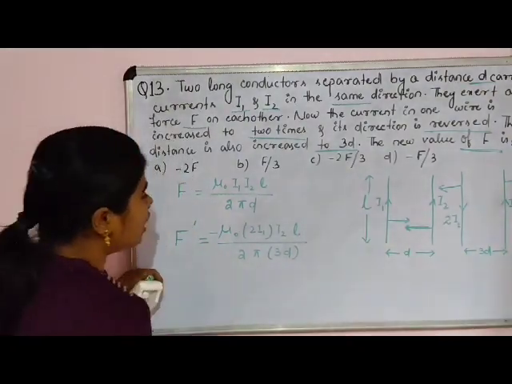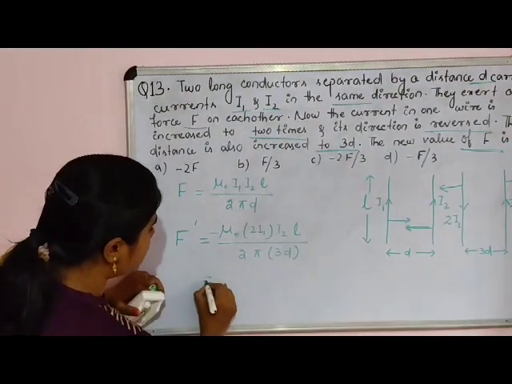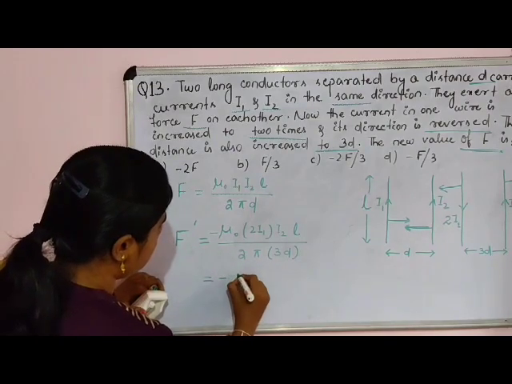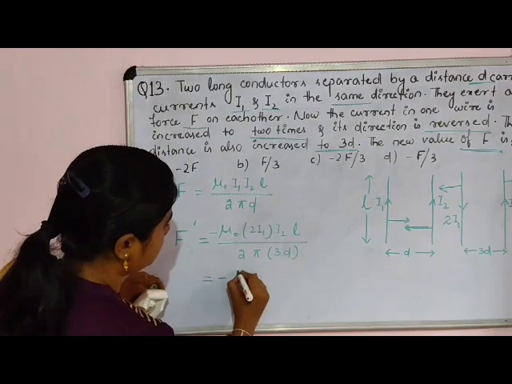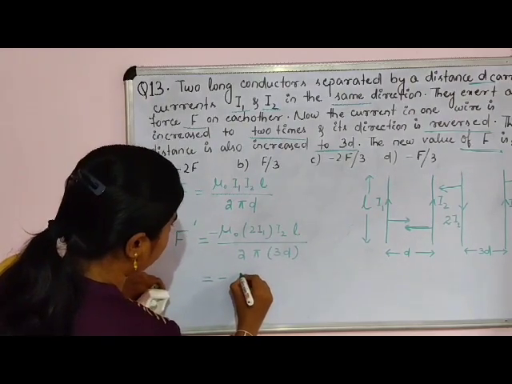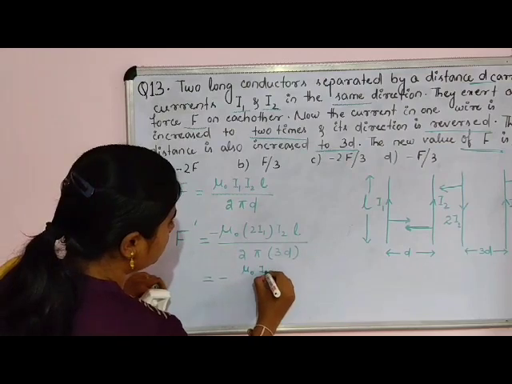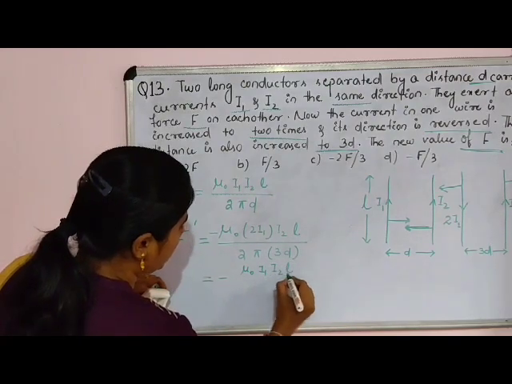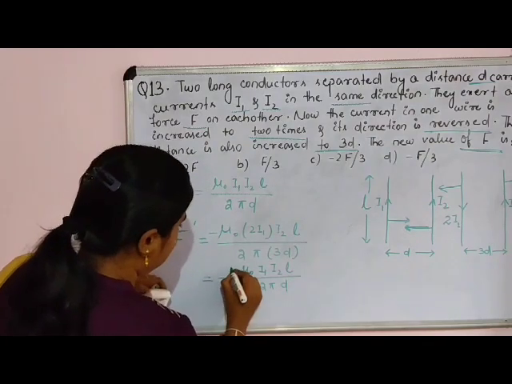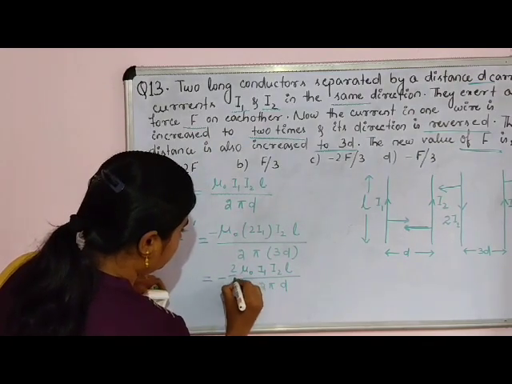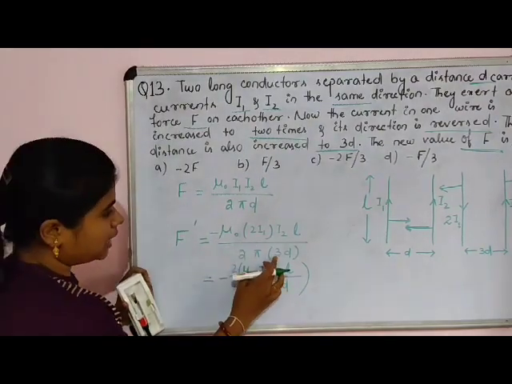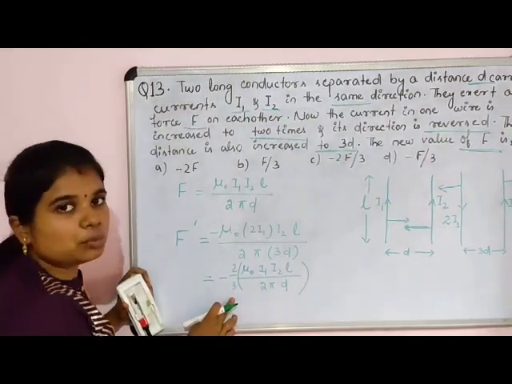Okay, so now if I just rearrange this expression, I can write it as minus mu naught I1 I2 L divided by 2 pi d, and I can multiply it by 2 by 3 extra, right? 2 by 3, so here also we are getting 2 by 3.